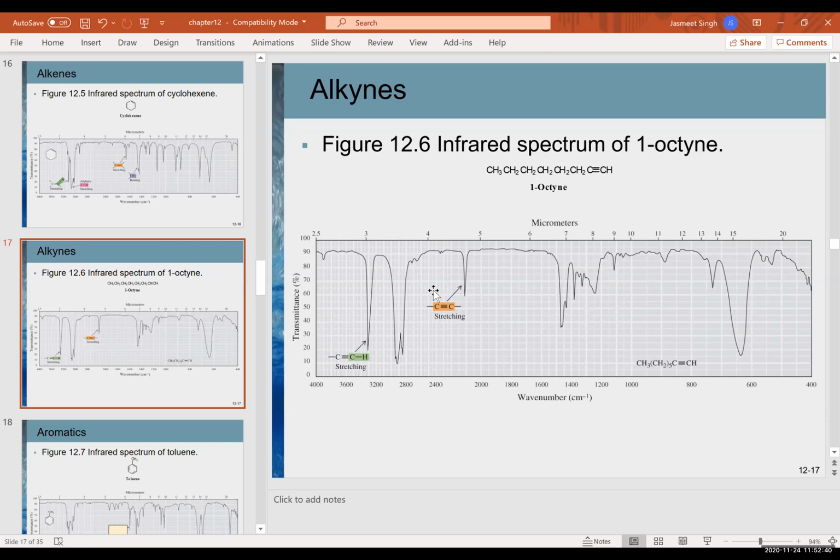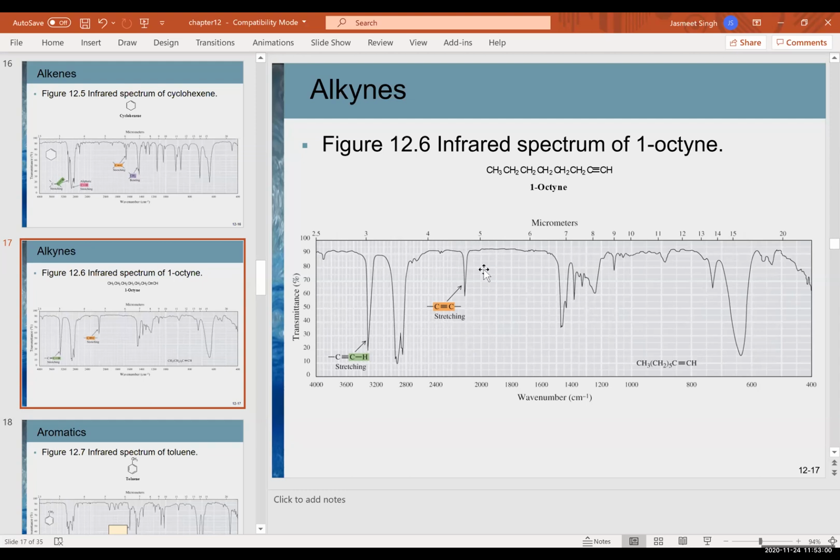And again, triple bond stretching will only appear if your alkyne is asymmetrical. For terminal alkynes, it's really easy to see. But if your triple bond is somewhere in the middle of the molecule, then this peak disappears.